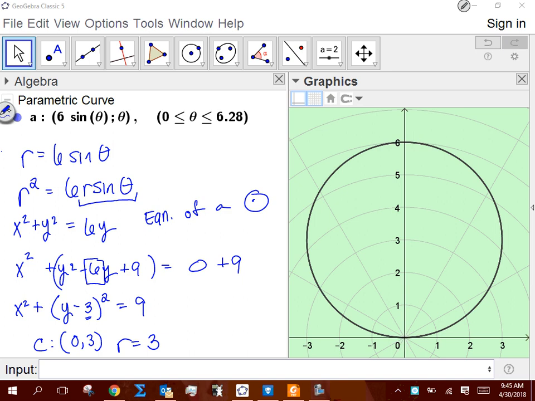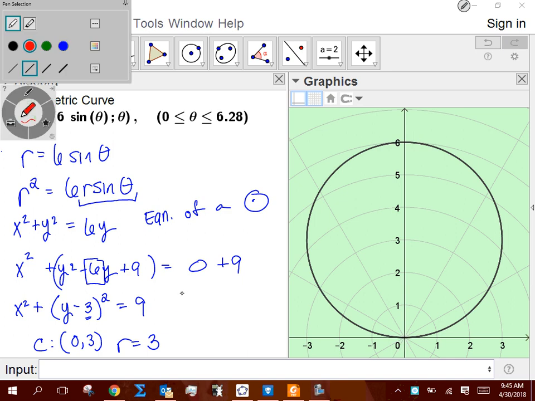Because remember, we're always trying to put this back into x minus h quantity squared plus y minus k quantity squared equals r squared, where the center is h comma k, and the radius is just r.